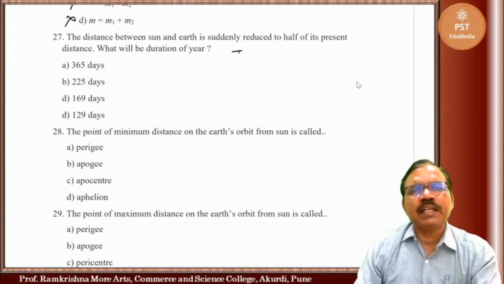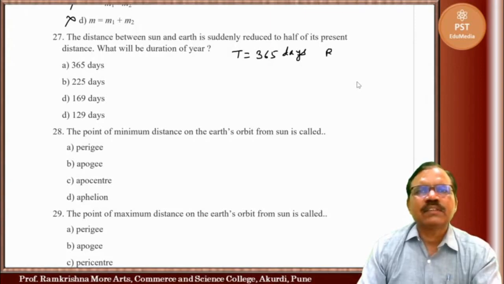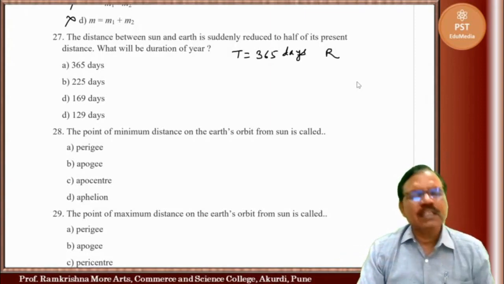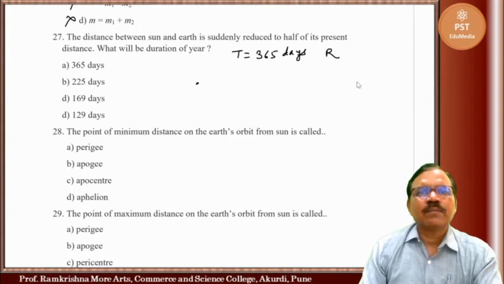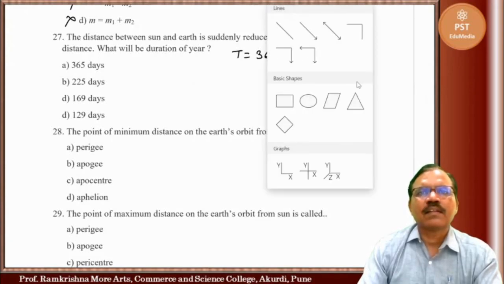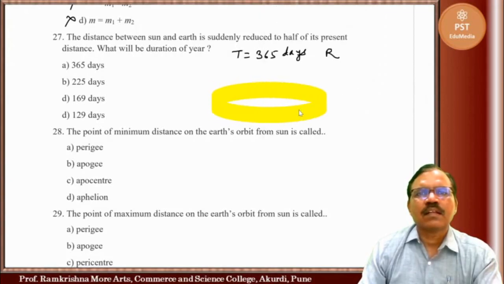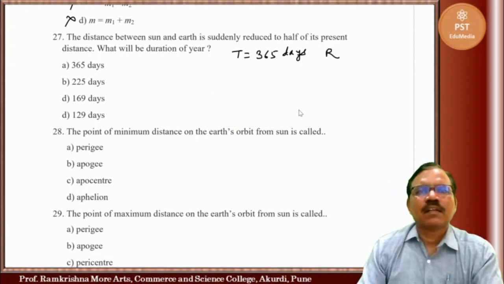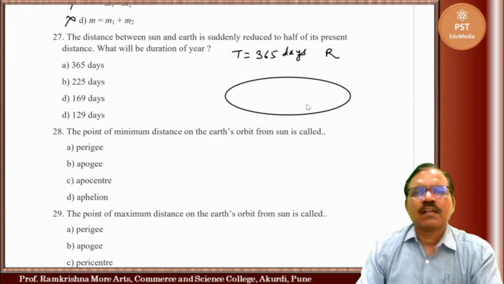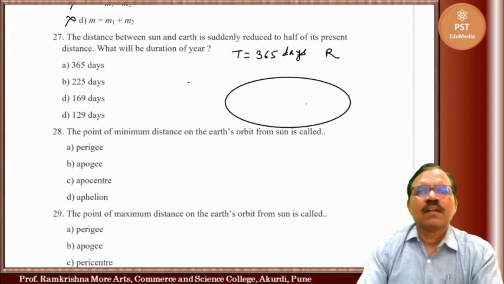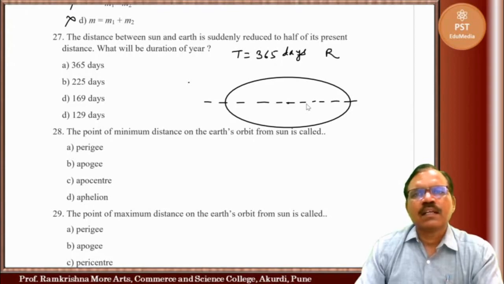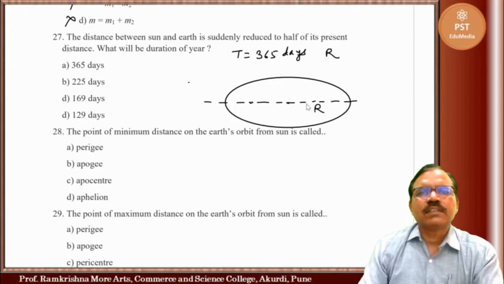Now see here, the present period is T equal to 365 days, and suppose the present radius, means distance from the sun, is R. And T is the period, so T square is proportional to R cube.